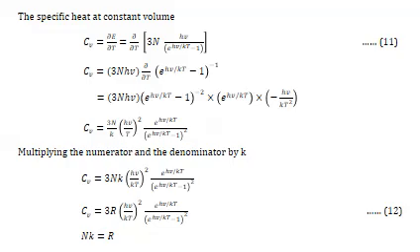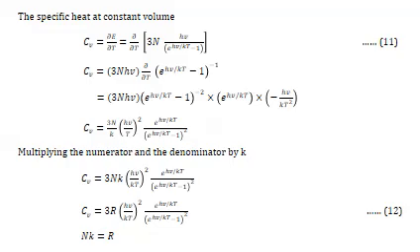Instead of Nk, you substitute R. Therefore Cv is equal to 3R times h nu by kT the whole square, e power h nu by kT, divided by e power h nu by kT minus 1 the whole square. Do you understand this equation?